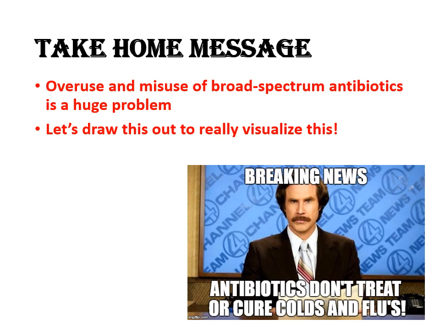Now the last thing I want to cover is the take-home message, okay? And to once again remind you that the overuse and misuse of broad-spectrum antibiotics is a huge problem, okay? And to draw out why this is, to really reinforce what I've been saying this whole time, I've made a diagram on the next slide.